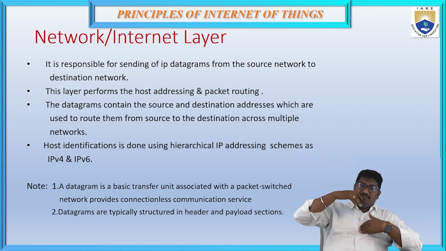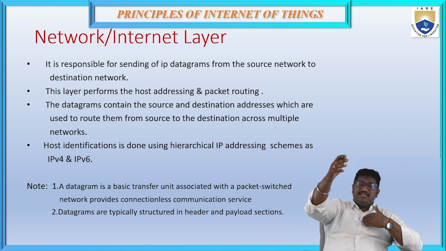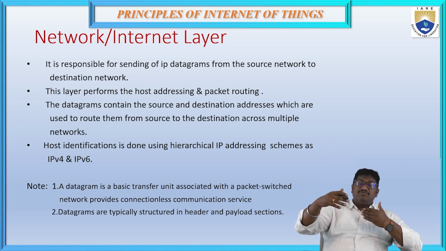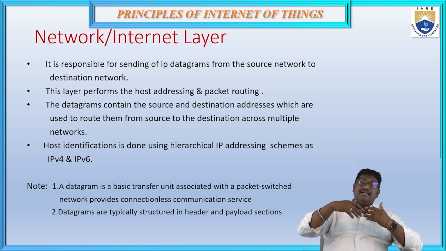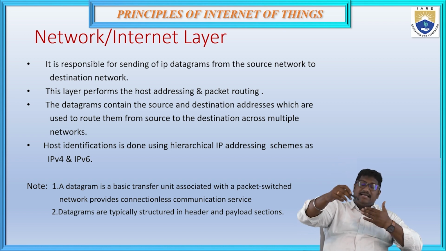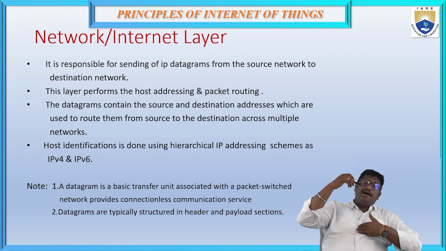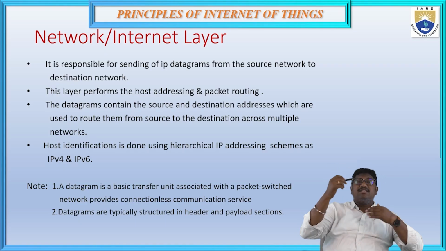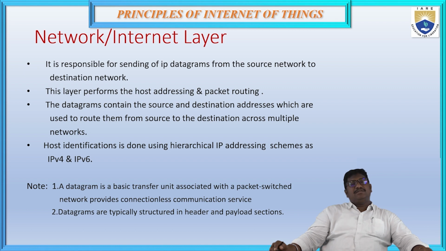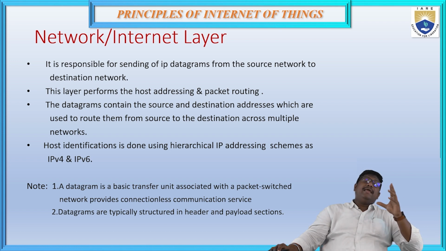This message has to transfer from source to destination between the two devices, which both need internet connectivity through a wireless medium. This happens using IPv4, IPv6, Wi-Fi, low power wireless, and so on. The datagrams depend on the payload, and it uses connectionless communication services here.